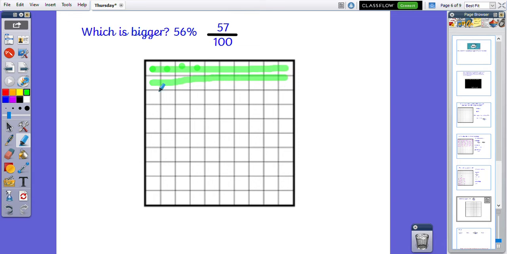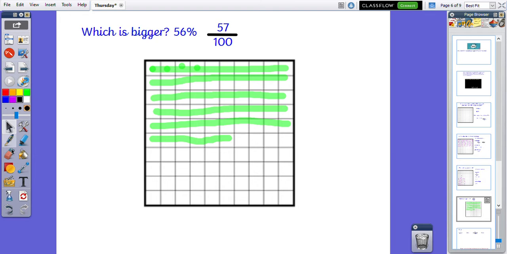Because we know each row is 10, I can just do them all at a time. So that's 1, 2, 3, 4, 5. Then 1, 2, 3, 4, 5, 6, 7. Oh no, we're not doing 7, we're doing 56 to start with. So I've shaded 56% of my square.